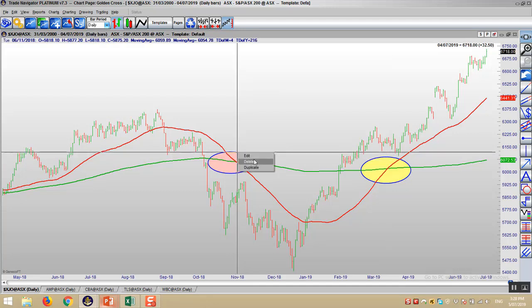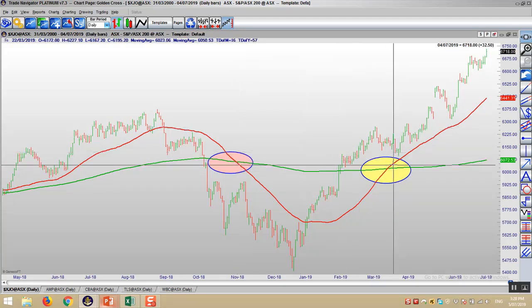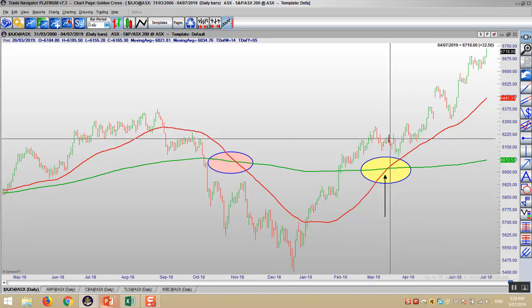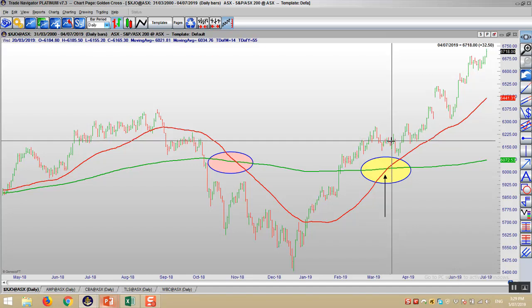To be able to determine that answer, we need to apply a set of rules. The simple rules for the golden cross are, they say trend is up, which means you want to be buying when the golden cross occurs here, somewhere around 6,225.